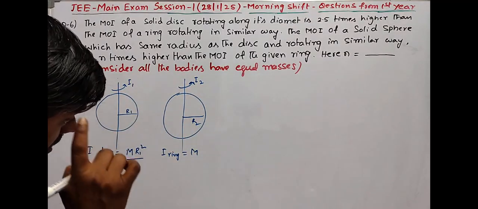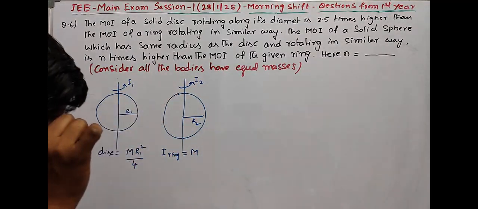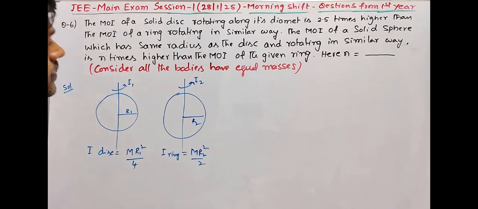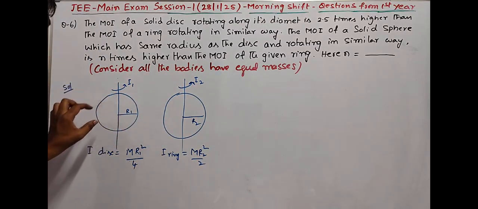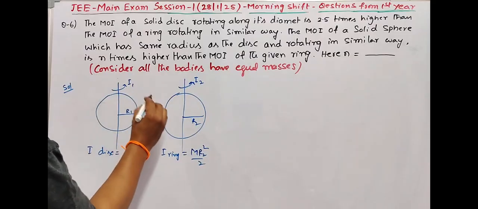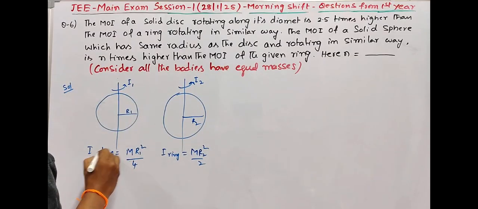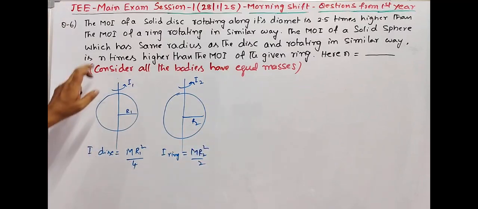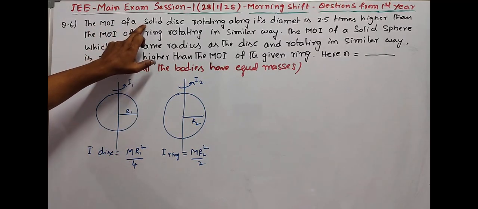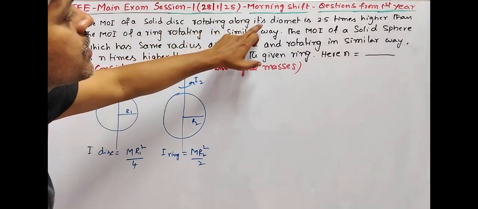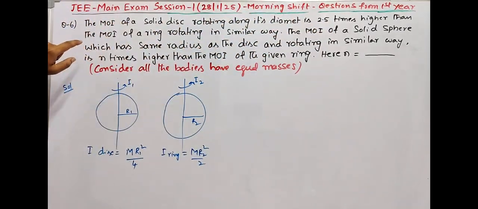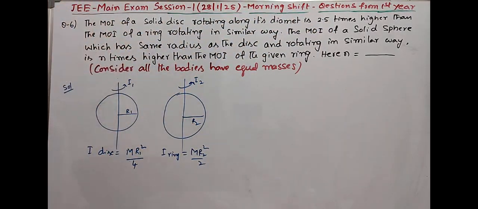So what is the moment of inertia of a ring about its diameter? M r square by 2. It means M r2 square by 2. Okay, this is the condition. The moment of inertia of a disk is I1, the moment of inertia of a ring is I2. Therefore, what is given? The moment of inertia of a solid disk rotating about its diameter is 2.5 times higher than the moment of inertia of a ring.